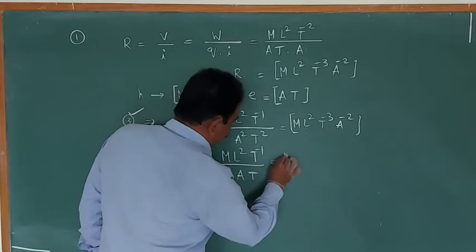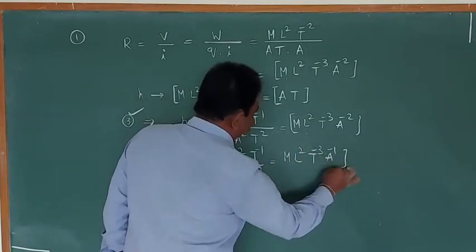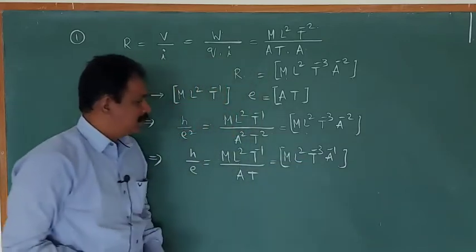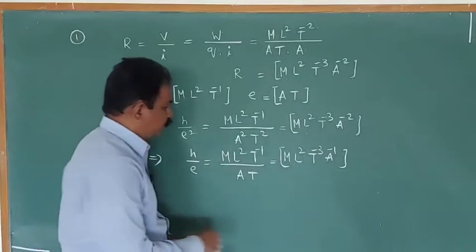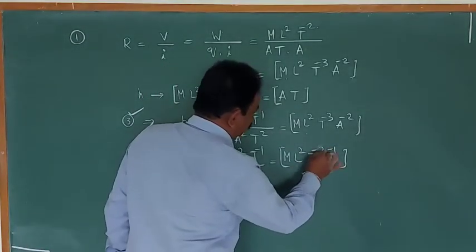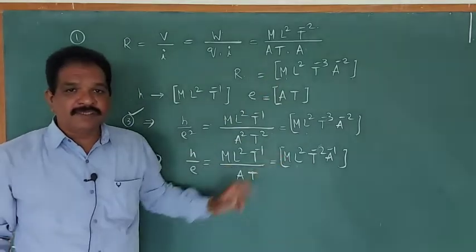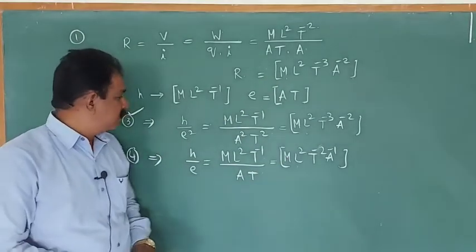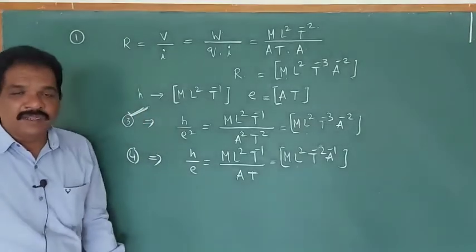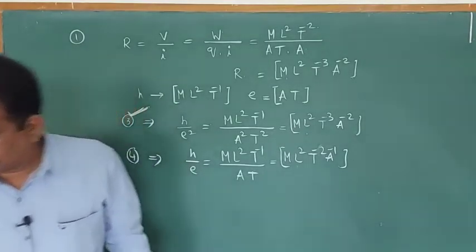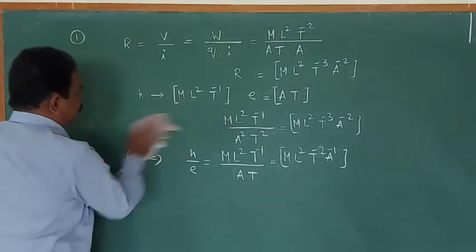So it becomes ML square T power minus 2 A power minus 1. These two are not matching. Clear? So what will be the correct option for this question? The third option will be right. Okay. Next. See the next question.